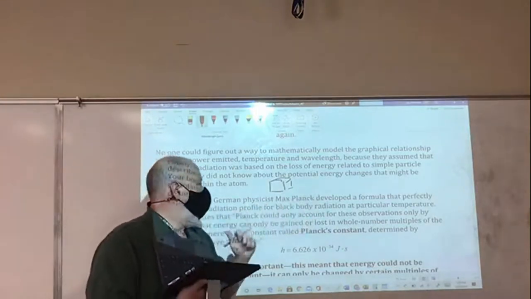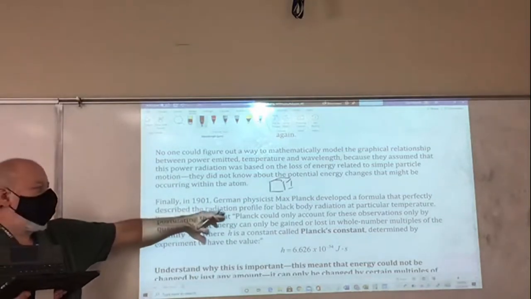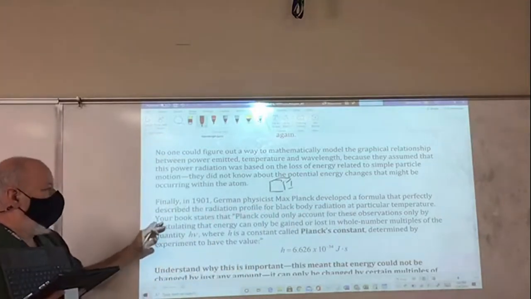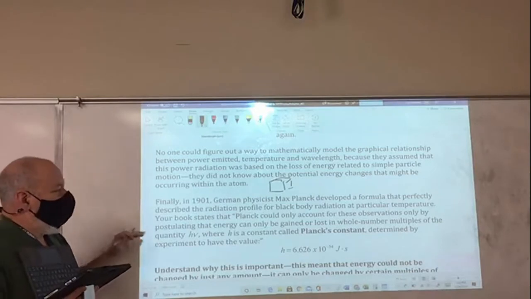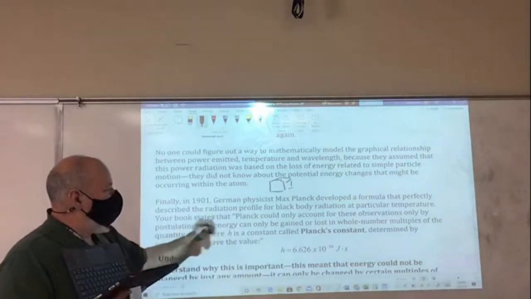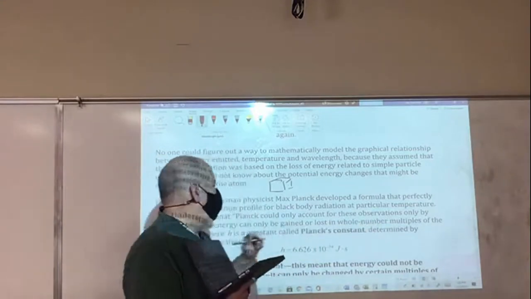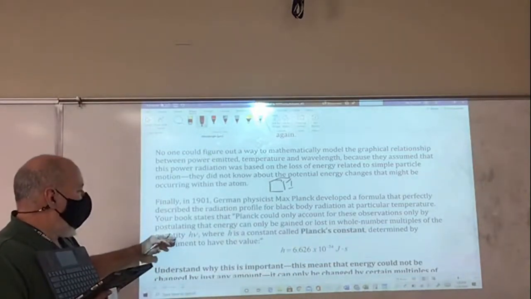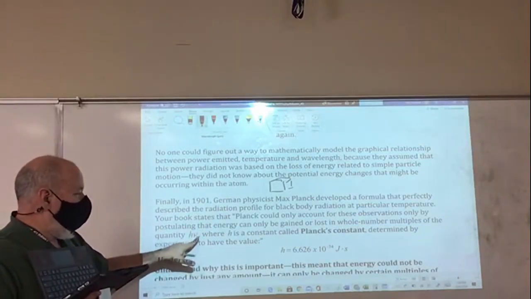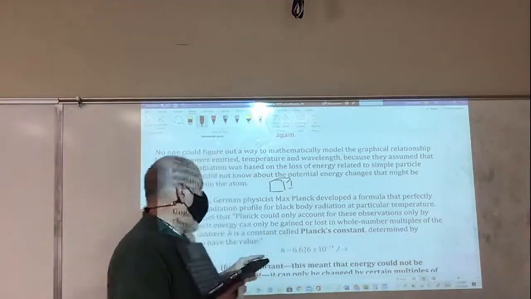Finally, in 1901, German physicist Max Planck developed a formula that perfectly described the radiation profile for black body radiation at particular temperatures. Your book states that Planck could only account for those observations by postulating that energy can only be gained or lost in whole number multiples of the quantity h times nu, and again, this is not a v, this is the Greek letter nu, the frequency, where h is a constant called Planck's constant.